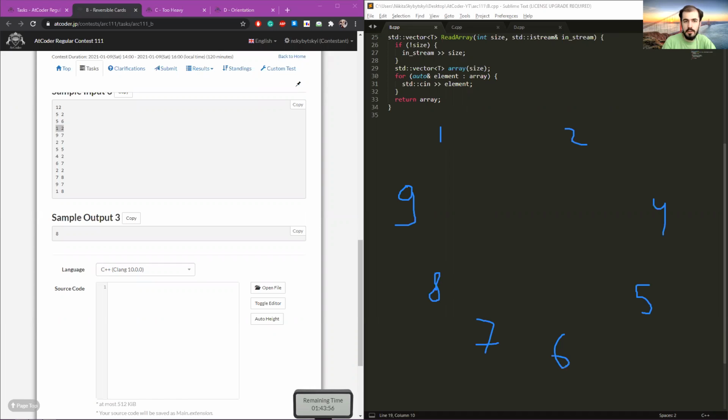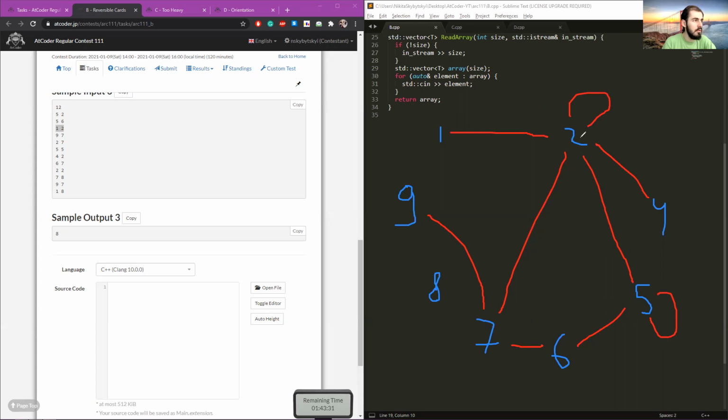We have edges like 4, 5, 2, 5, 6, 1, 2, 9, 7, 2, 7, 5, 5. Actually, okay. 4, 2, 6, 7. 2, 2, 7, 8. 9, 7 again.